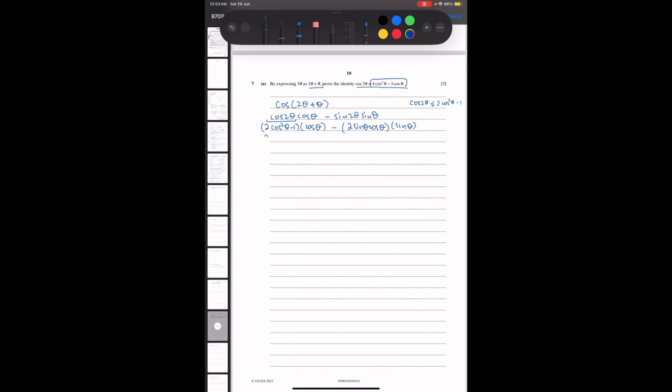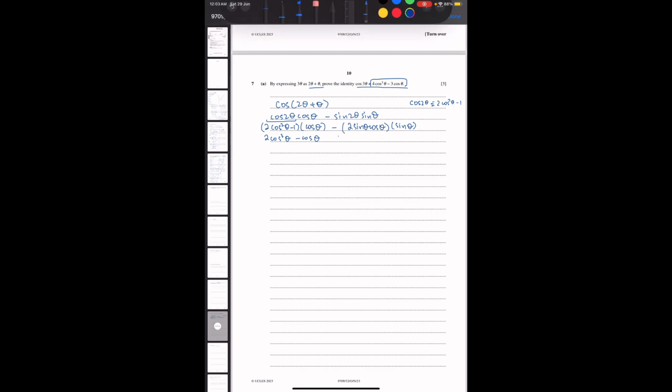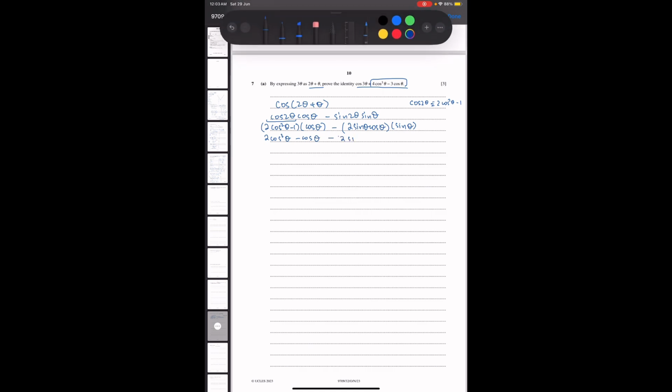So now this becomes 2 cos cubed theta minus cos theta minus 2 sin square theta cos theta. And now, since in this equation we have sine, but we want every term to be in cos, we can use the identity cos square theta plus sine square theta is equal to 1.